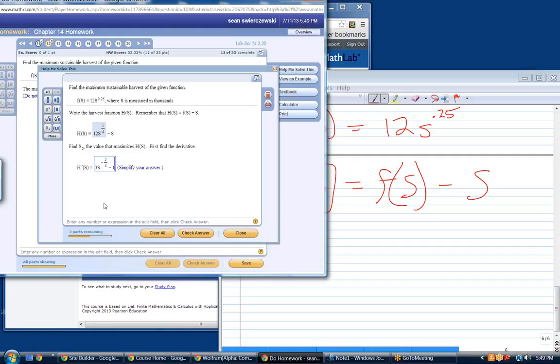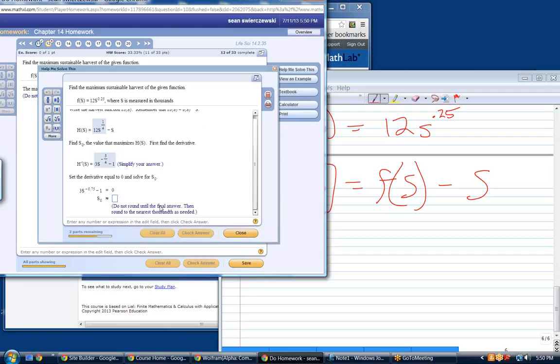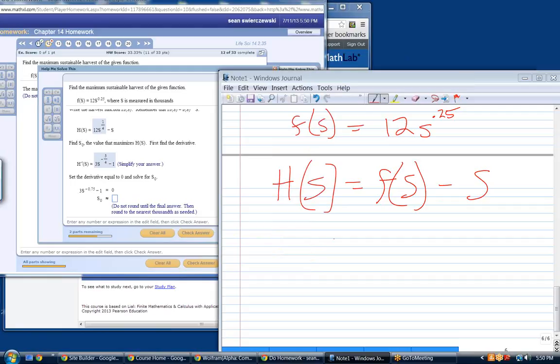Wouldn't it just be that? Well, if we take the derivative of this function, we have to take the derivative of s also, and that's minus 1. Oh, okay. So if I set that derivative equal to 0 and solve for s sub 0, what do I get?